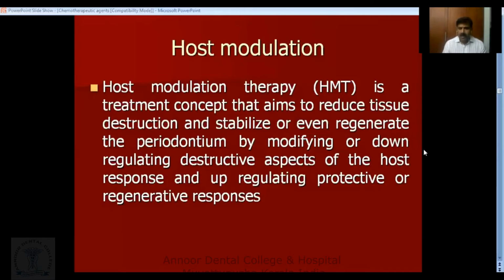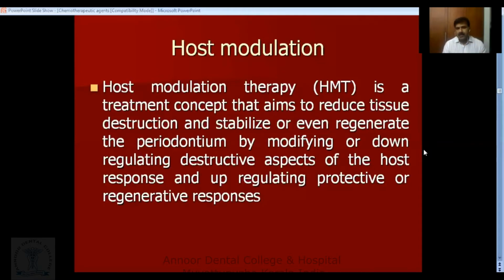I think the topic on periodontal pocket would have been discussed for you. We'll just discuss briefly how periodontal disease occurs. If a patient doesn't brush his teeth properly, or there are more microbes accumulating in the oral cavity, they start producing a lot of mediators.